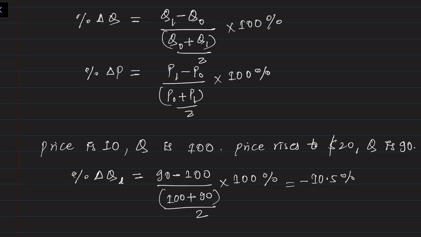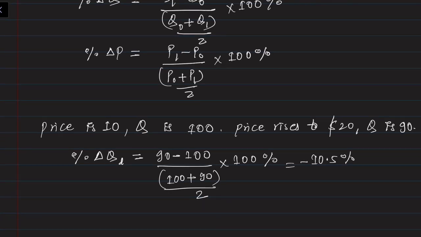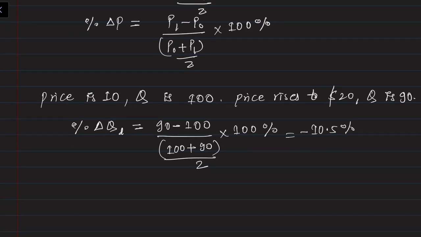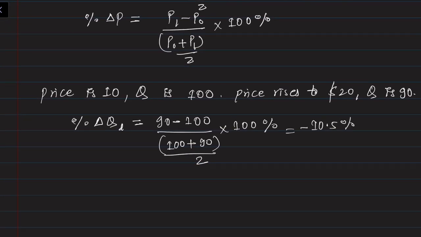This can eliminate your positive or negative signs. So it doesn't matter which one you do first, but please make sure that you maintain consistency while calculating the percentage change in quantity as well as the percentage change in price.